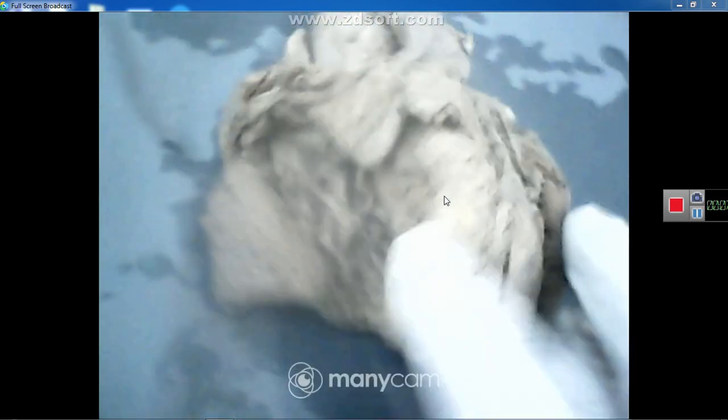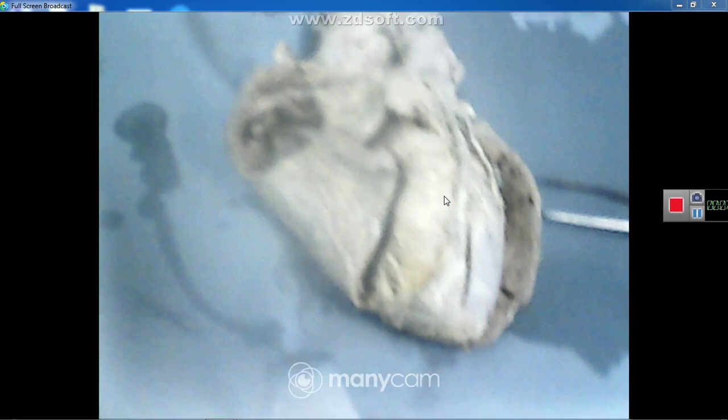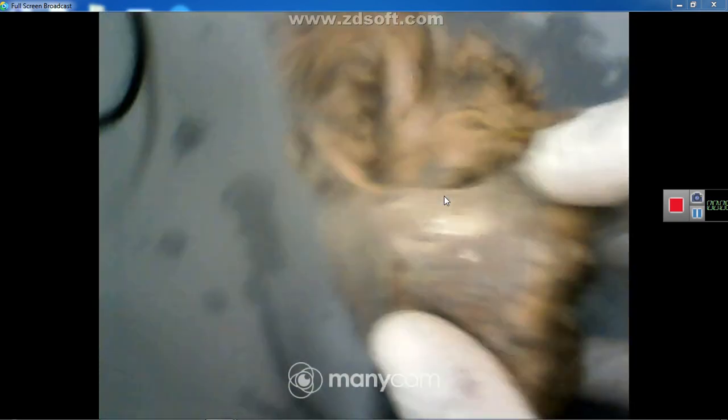So I will close the left ventricle as I closed the right ventricle. Now I will pass to the right side of the heart, to the right atrium, and open it. This is the right atrium.